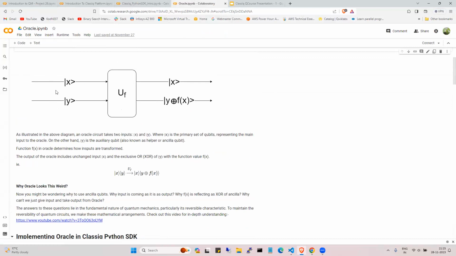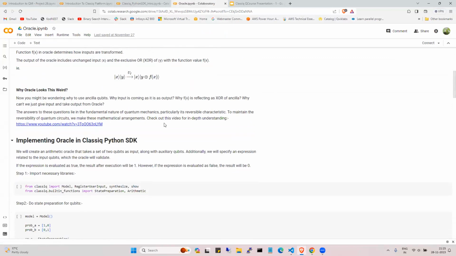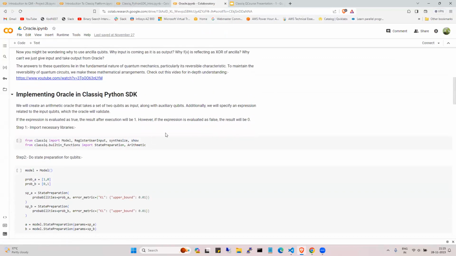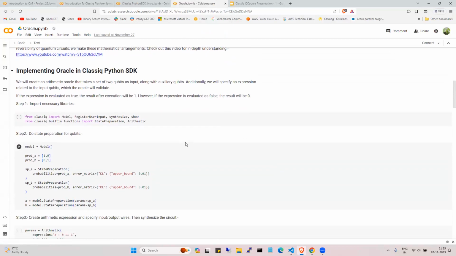So why we can't have just input and output. And also I implemented Oracle using Classic SDK. Classic has a built-in arithmetic Oracle, which I tried to implement, but since that Oracle is especially designed for Grover's algorithm, it was not working as expected.